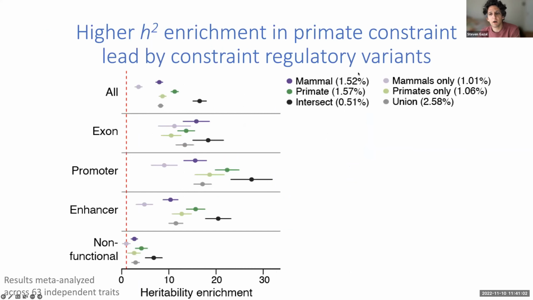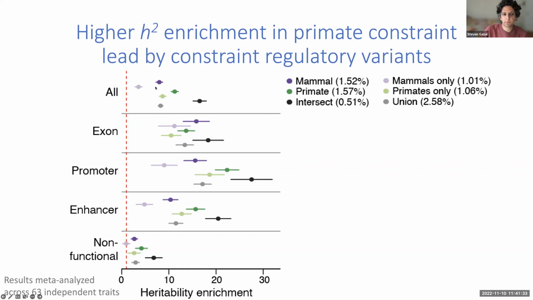Now we dig into a really interesting result: enrichment in primates, which didn't have base pair resolution and considered 5 times fewer species, provides higher functional enrichment. So we compared the enrichment of bases that were constrained in mammals, in primates, in both, only in mammals, or only in primates.